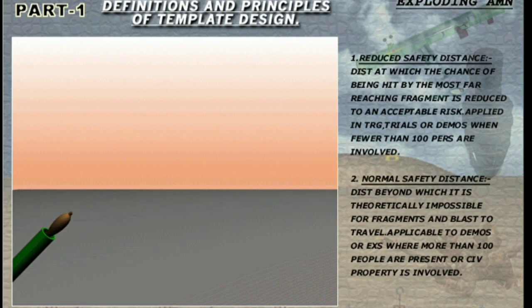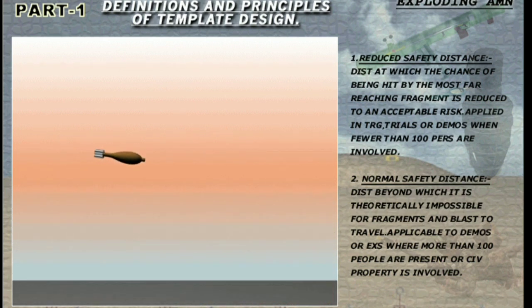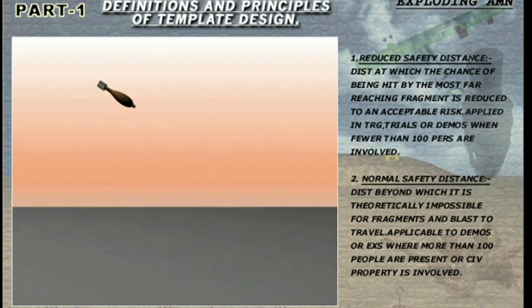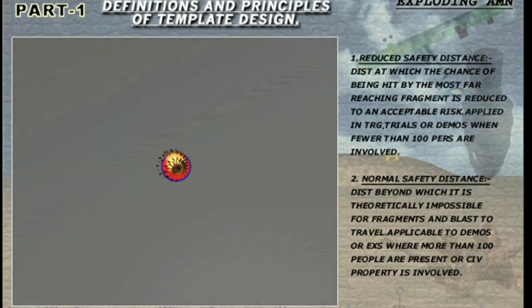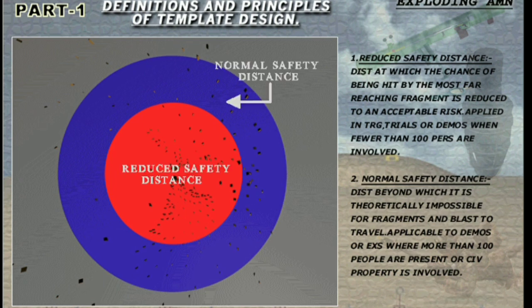Normal safety distance. Distance beyond which it is theoretically impossible for fragments and blast to travel. Applicable to demos or exercises where more than 100 people are present or civilian property is involved.